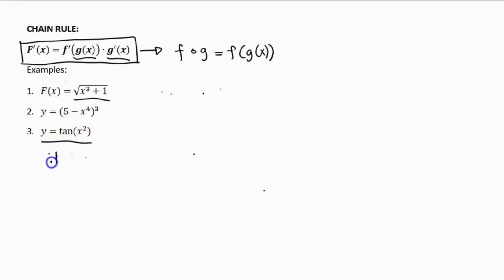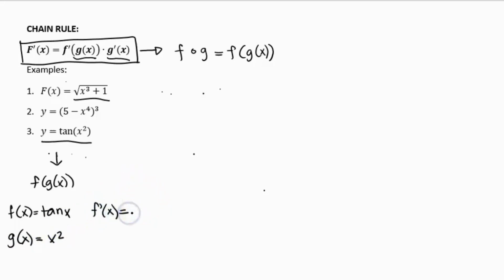This also can be expressed as a composite function, f of g of x, wherein your f of x is the function tangent x and g of x is equal to x squared. We know that f prime, the derivative of tangent, is secant squared of x, while g prime of x is equal to 2x.